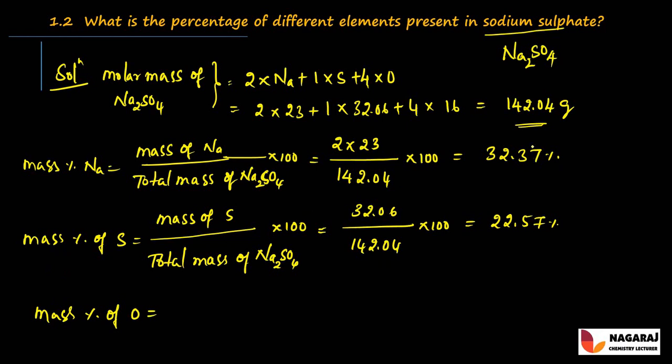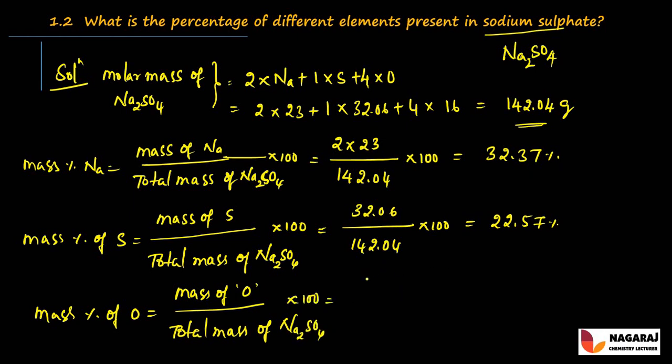Like that, let us take the mass percent of oxygen. Sodium sulfate contains 3 types of elements: sodium, sulfur and oxygen. So the mass percentage of sodium is 32.37 and the mass percentage of sulfur is 22.57. The mass percentage of oxygen is mass of oxygen divided by total mass of Na2SO4 into 100.